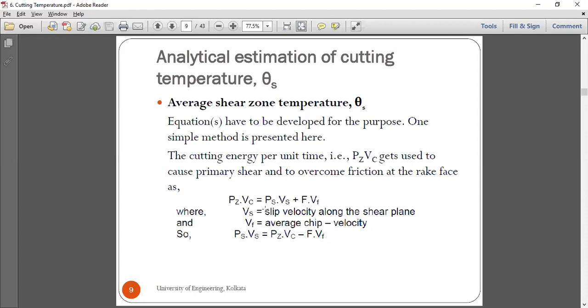Okay. Now, what is VF? VF is the velocity at which the chip flows. And VS is the velocity along the shear plane. So if you put these values, you will get a relation here, that is PSVS equals PZVC minus FVF.